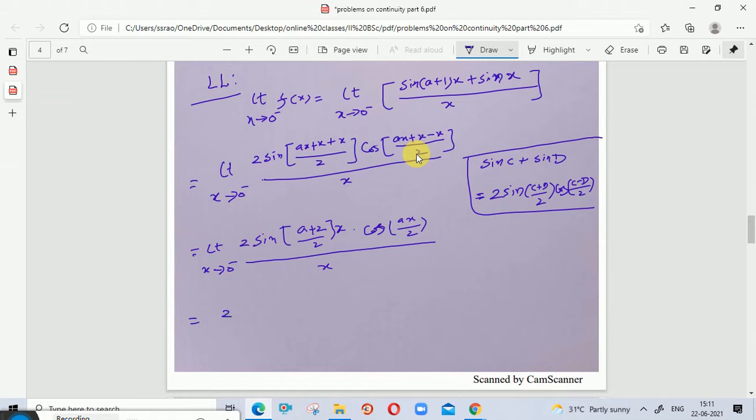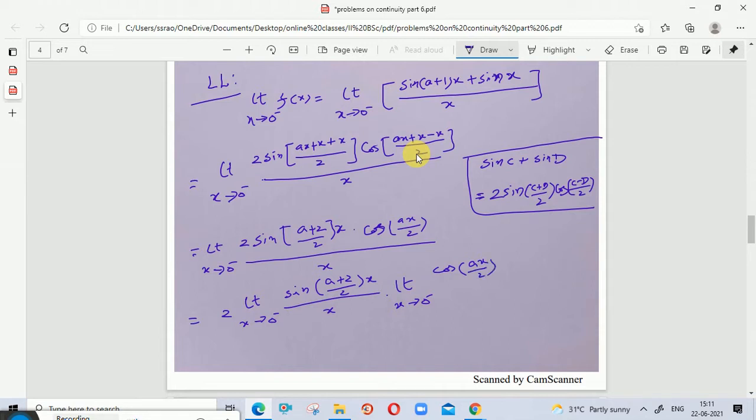2 times the limit as x tends to 0 minus of sin of ((a plus 2) by 2)x by x, times the limit as x tends to 0 minus of cos of ax by 2.